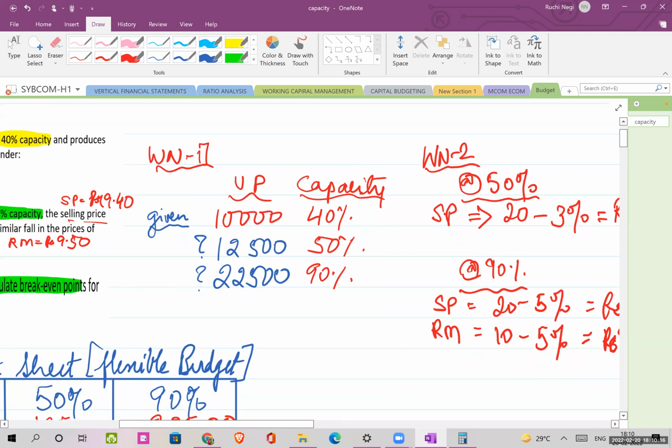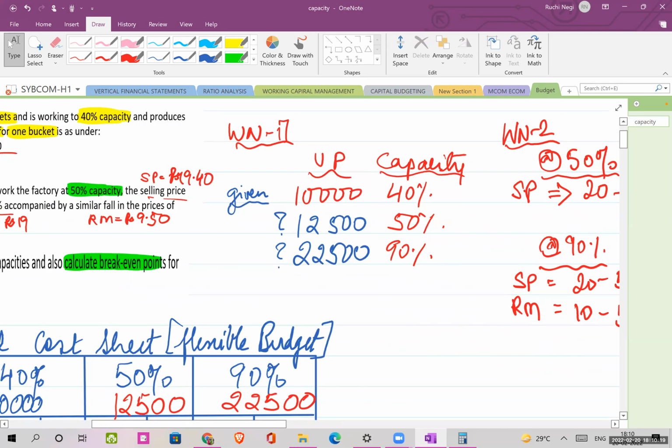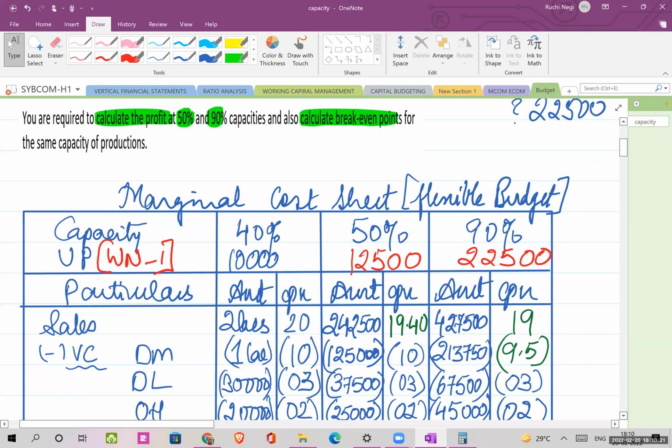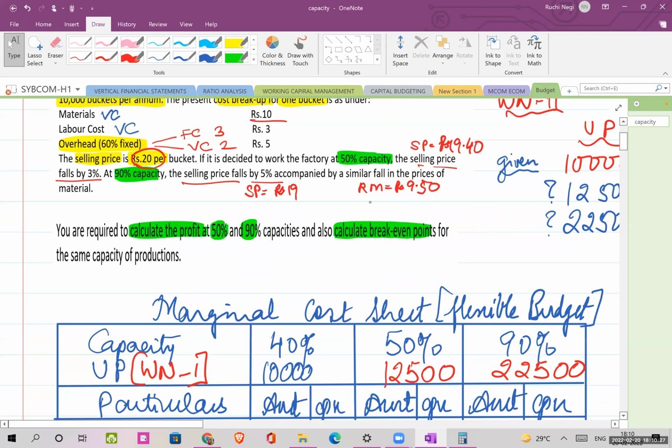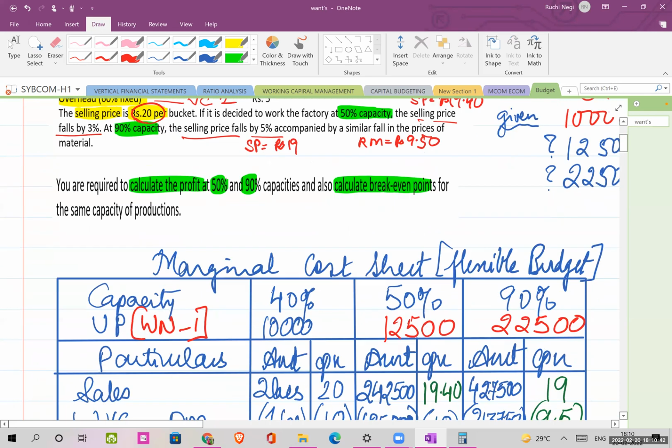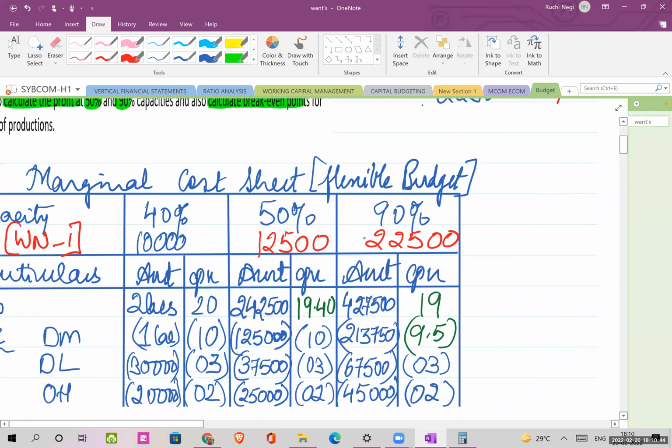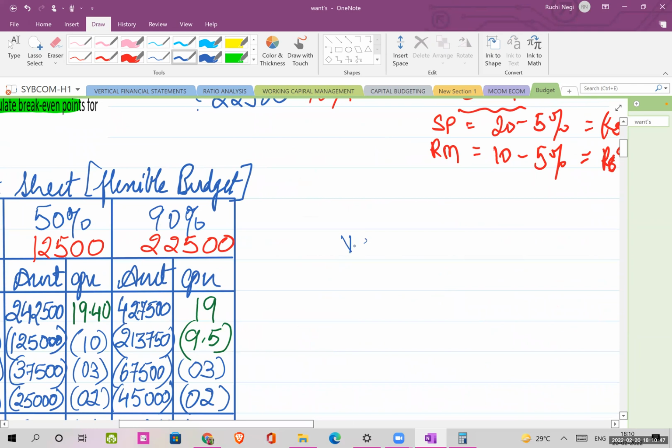And then we will prepare our flexible budget. In this case, we will prepare it in sync with marginal cost. Why? Because we have to calculate profit, and also we have to calculate break-even point. So it is advisable that we make our flexible budget in tune with marginal cost. Otherwise, the flexible budget starts with variable cost, then we take the total of variable cost, then comes the fixed cost, and we take the total of fixed cost.